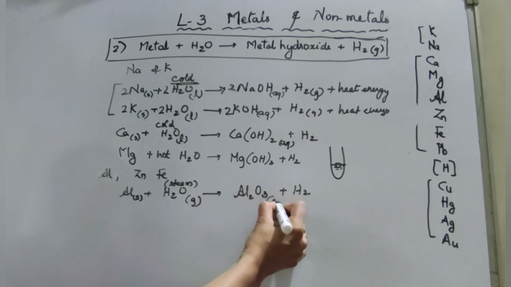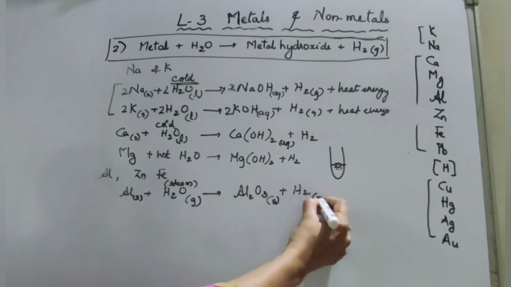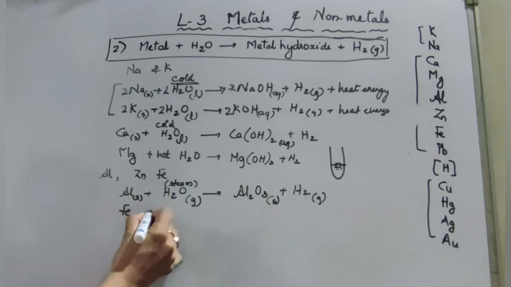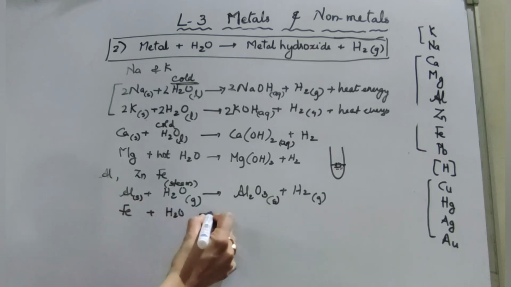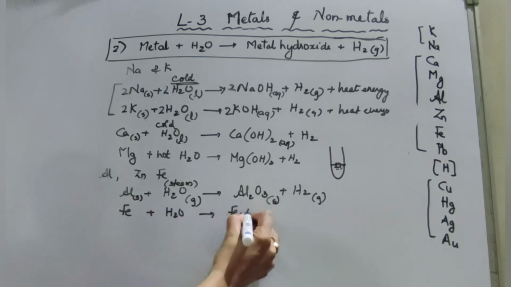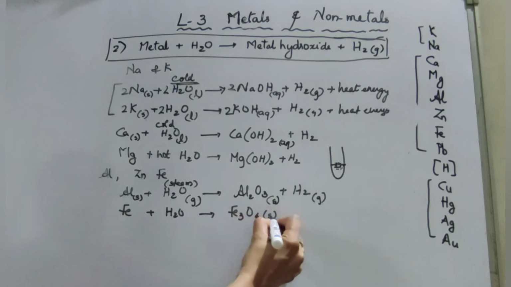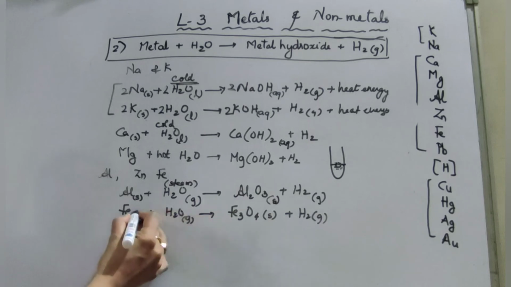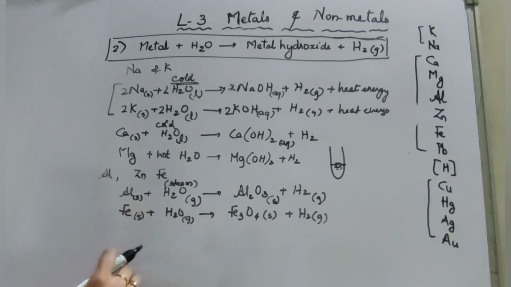Aluminum oxide is also a solid, and hydrogen, we already know, is a gas. In the case of iron, iron reacts with water to form iron oxide, Fe3O4, which is also a solid, and hydrogen gas. This also is steam. All these metals react with steam.